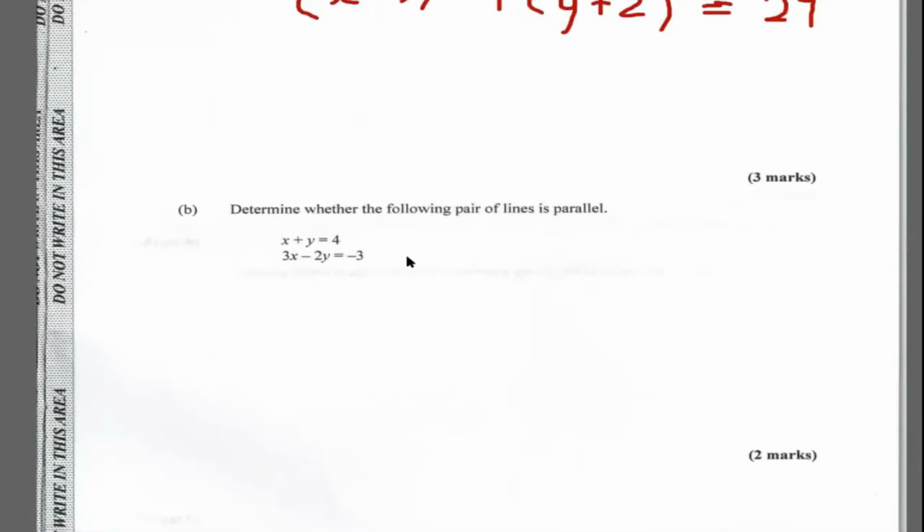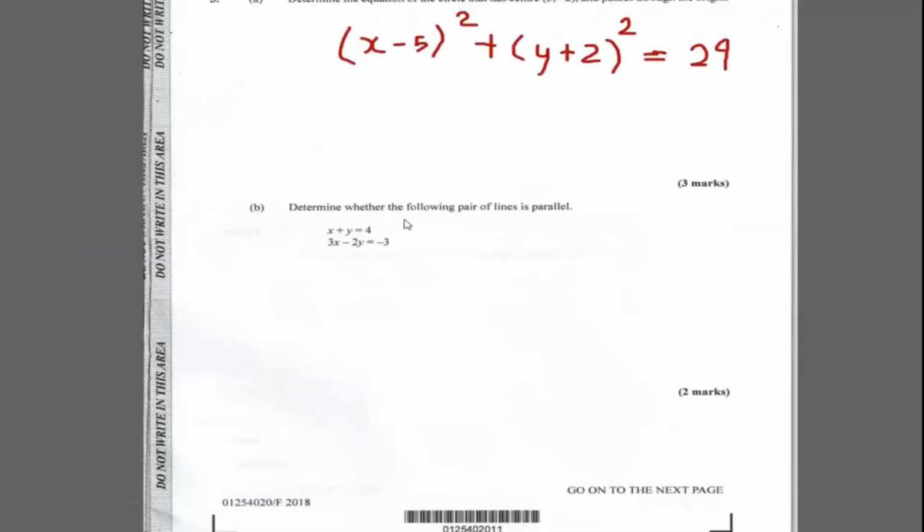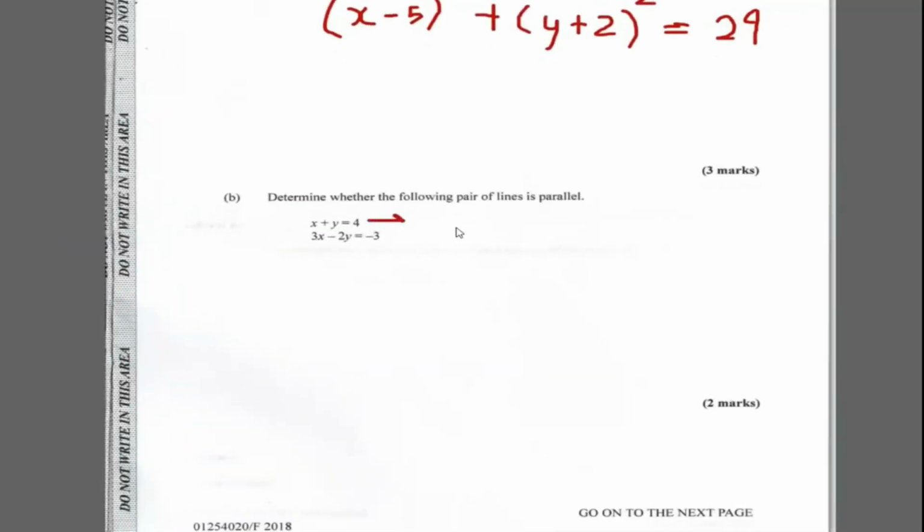Let's make y the subject from the first one. Making y the subject, y is equal to 4 minus x, and so from the first line, the gradient is -1.